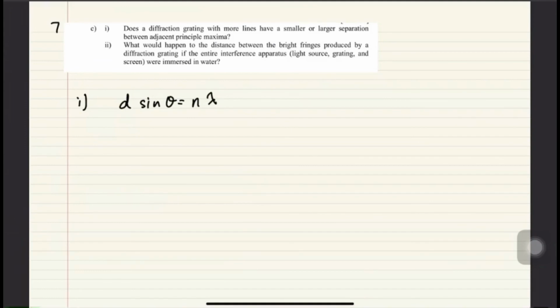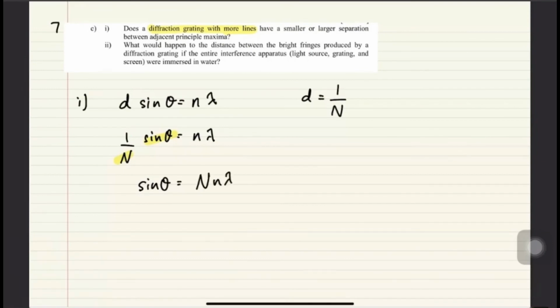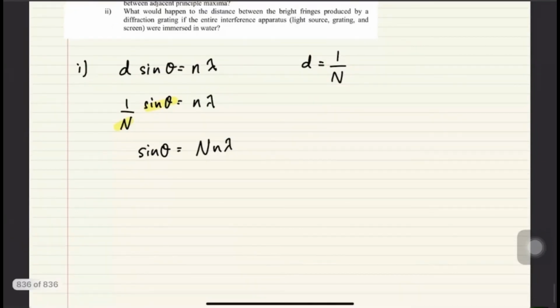It says the diffraction grating has more lines, so its N is bigger. So how does this N affect theta? That is the question. If I rearrange, sin theta equals to n lambda over d. So if N goes up, sin theta also goes up.